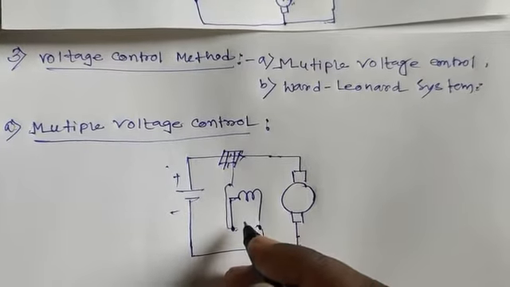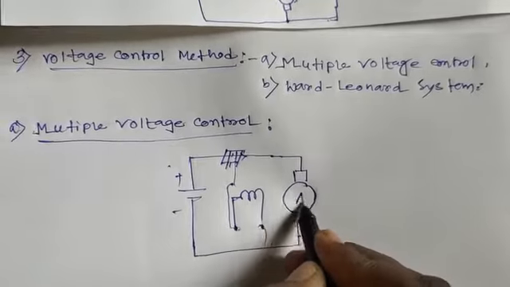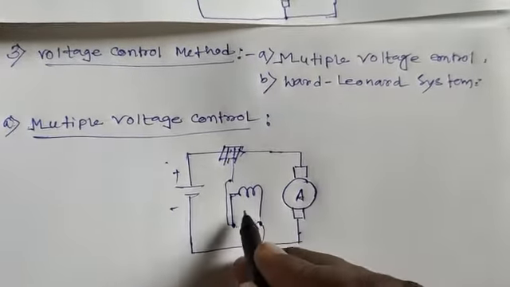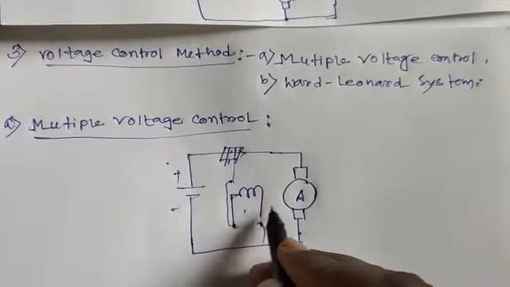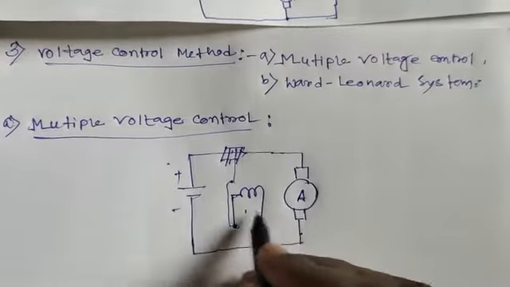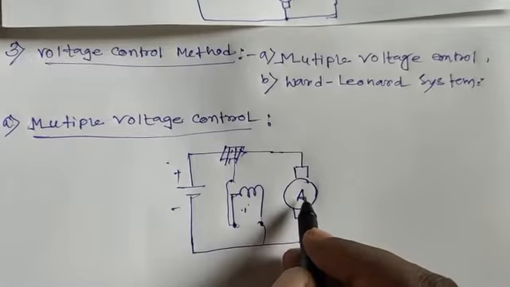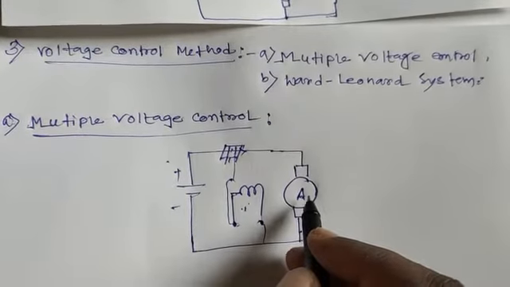The armature is supplied with a different voltage, which is not connected with the field supply but separate. This is the fixed voltage supply, and the armature is supplied with a different voltage.